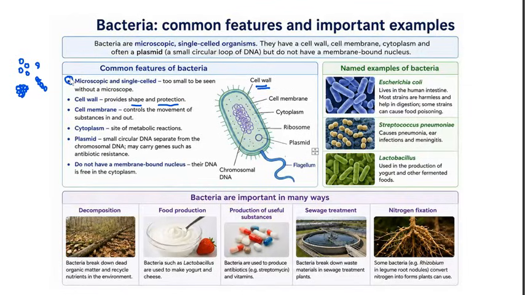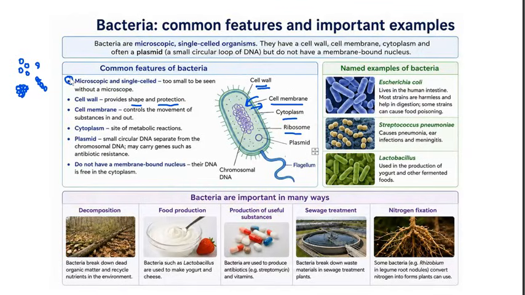Like all cells, it has a cell membrane which controls what goes into and out of the cell. We'll be studying that one in more detail. The contents of the cell are called the cytoplasm, where all the chemistry of the cell takes place. And then they have ribosomes, which are where bacterial cells build proteins.